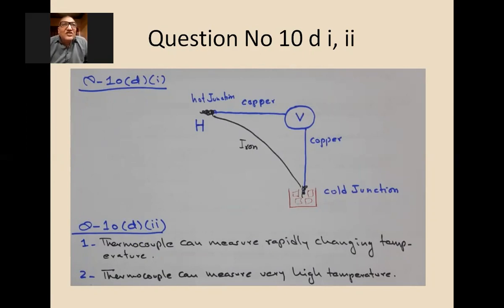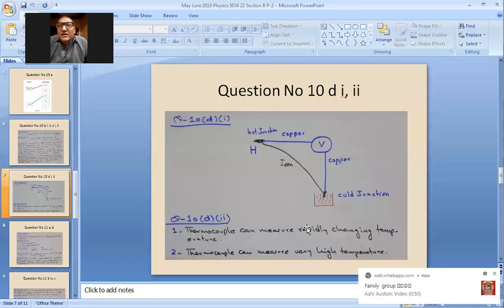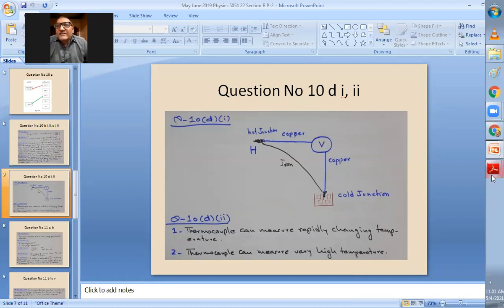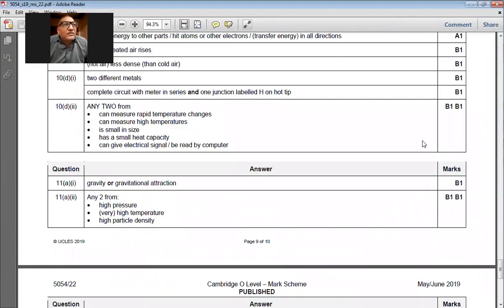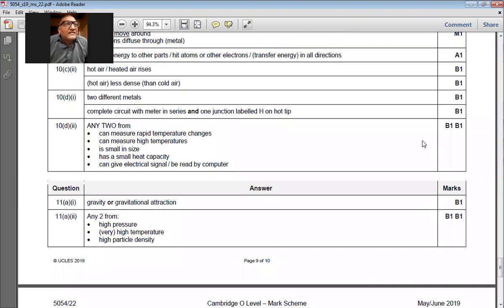So this is question number 10, and let me check the marking scheme. What does the marking scheme say? Okay, so question number 10: 2 different metals, a complete circle with meter in series, and 1 junction labeled H on the hot tip.